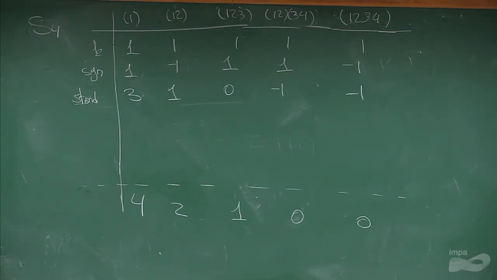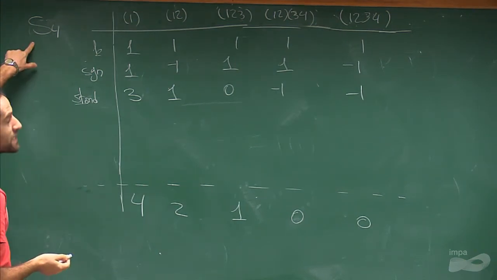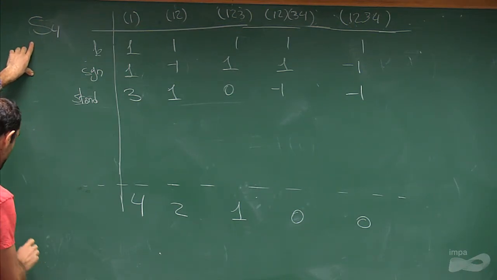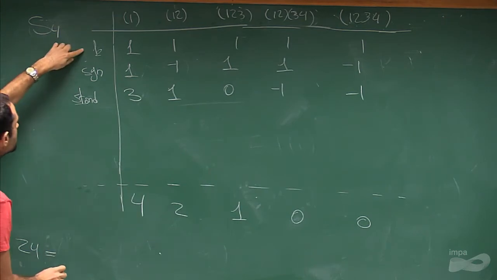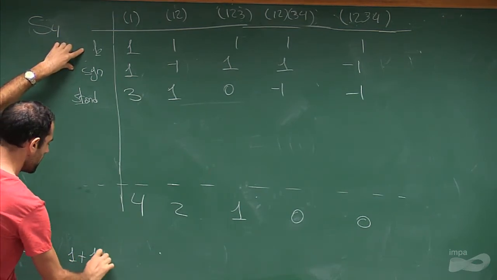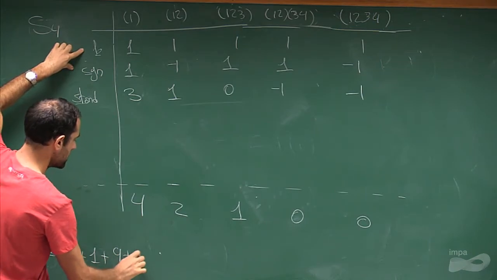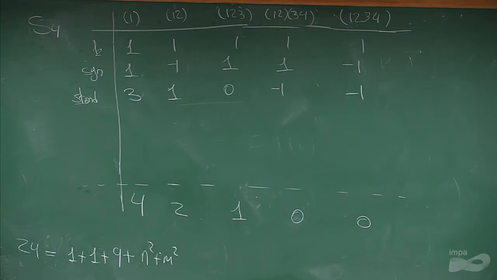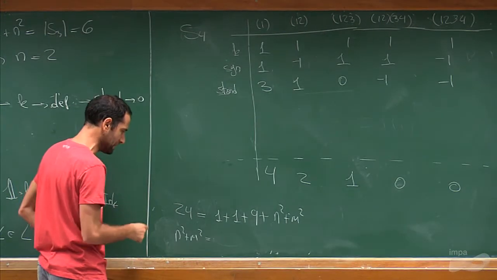Okay. I'm still missing 2 representations. What else? So let's play with the sums. This S4 has 4 factorial elements, which is 6 times 4, which is 24. And this is equal to 1 plus 1 plus 9 plus n squared plus m squared, which are the dimensions of the representations that I'm missing. So how can I do this? Let's just take 11 out of 24, and we get that n squared plus m squared is equal to, how much is that?